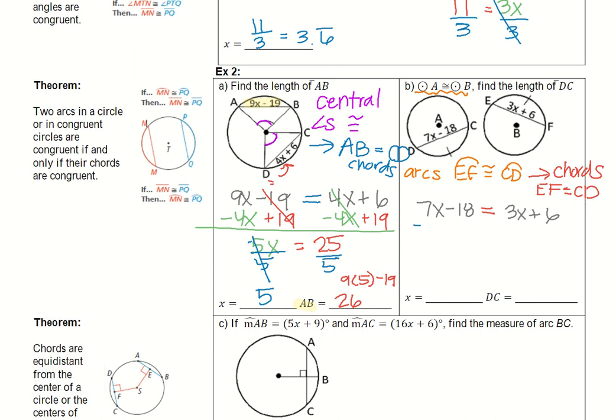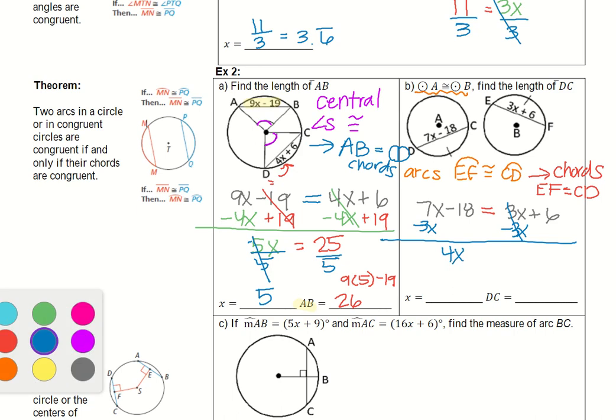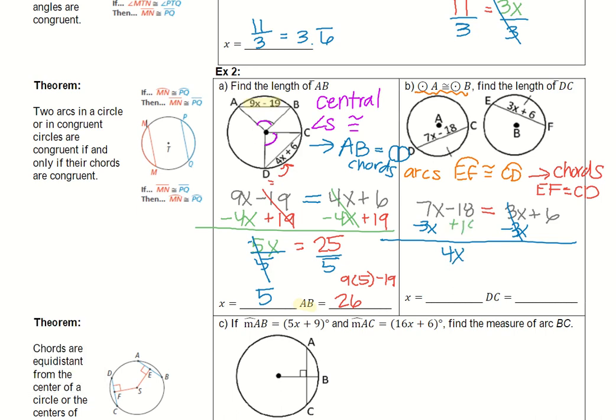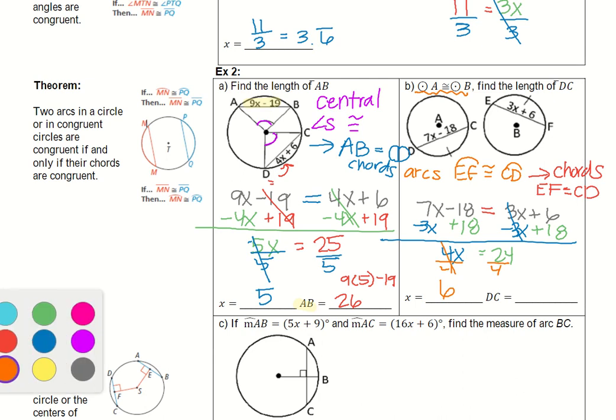So if I subtract 3x from both sides, then I'm going to get 4x, which means I want to add 18. That is equal to 24. So then I would divide both sides by 4, tells me that x is 6. They want me to find DC.